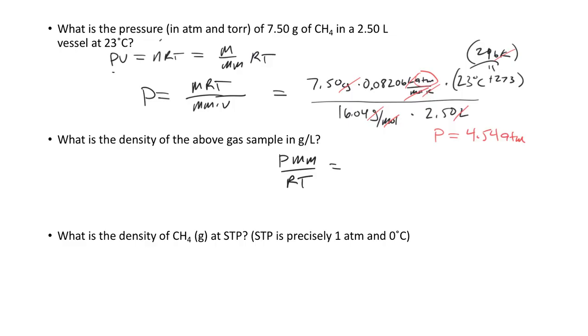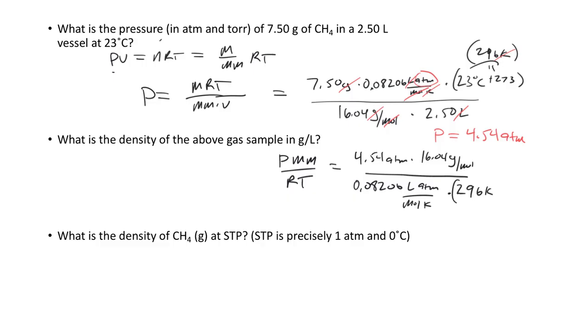We'll use the pressure we calculated here, 4.54 atmospheres. Multiply by 16.04 grams per mole, over RT, 0.08206 liter atmospheres per mole Kelvin. We haven't changed the temperature because it said what's the temperature of that gas sample, so under the same conditions as above. So we're still at 296 Kelvin.